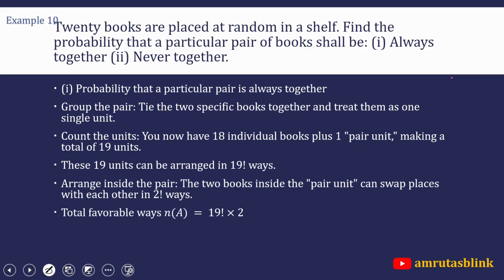And hence the total number of favorable ways, n of A, is equal to 19 factorial into 2. And hence the probability of A is equal to n of A upon n of S, which is equal to 19 factorial into 2 upon 20 into 19 factorial, and hence 2 upon 20, which is equal to 1 by 10.